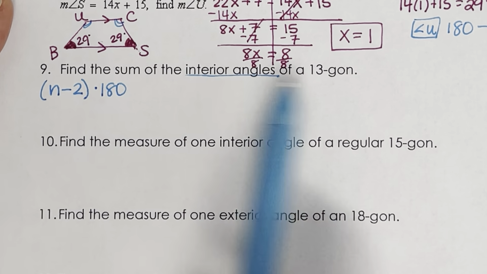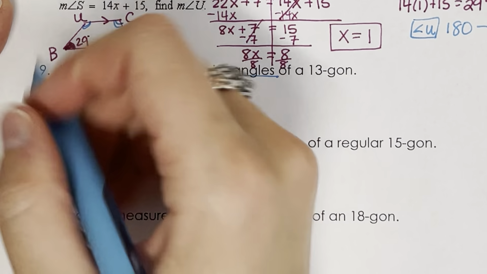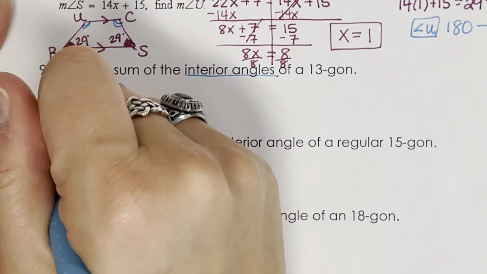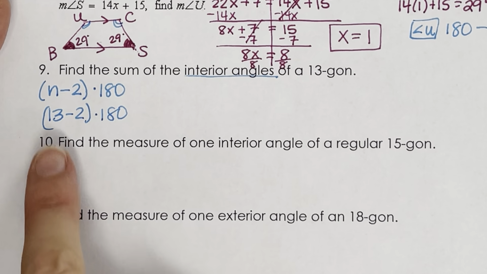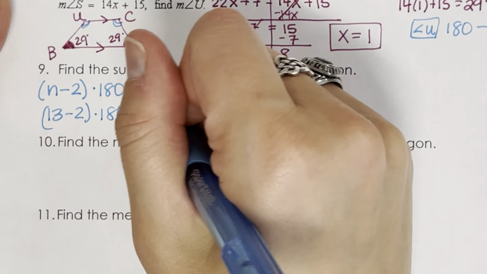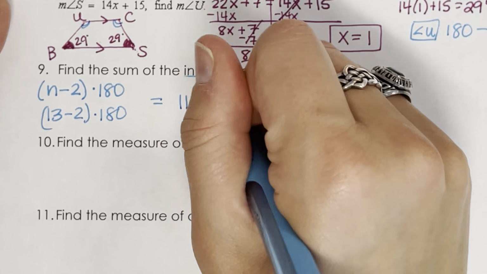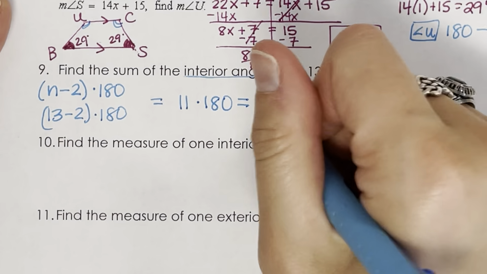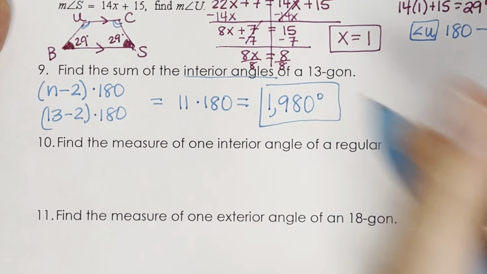So, number of sides in a 13-gon is 13 sides. That's why we call it that. So, 13 minus 2, and then I multiply that times 180. Okay, so 13 minus 2 gives me 11, and 11 times 180 gives me 1,980 degrees. And that's it.